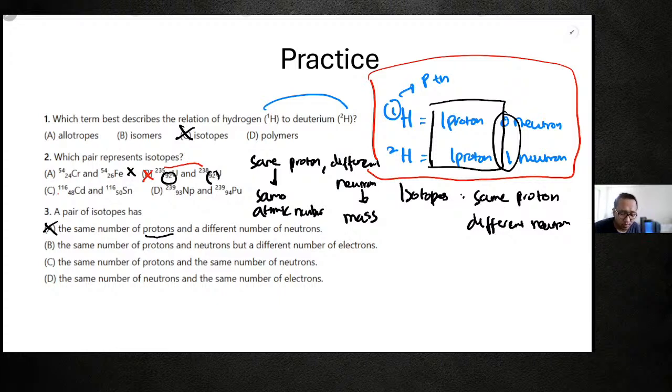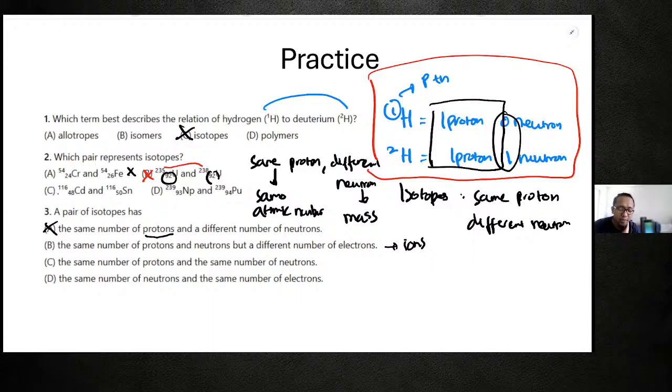How about the same number of protons and neutrons? No. The same number of protons but a different number of electrons? This describes ions, not isotopes.